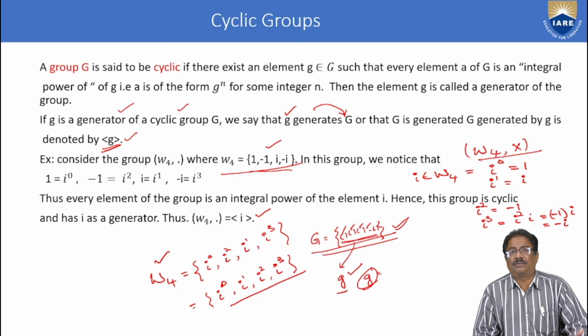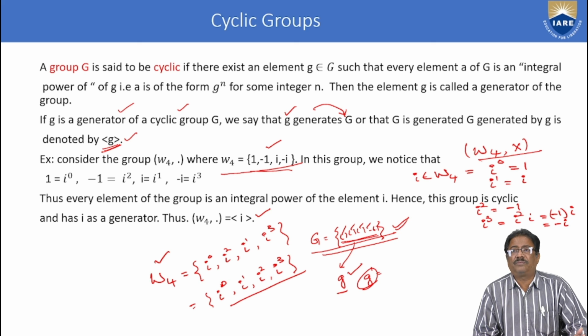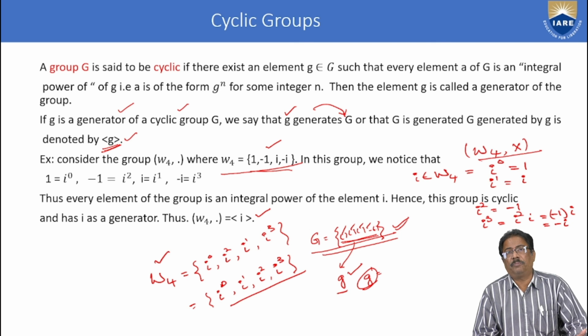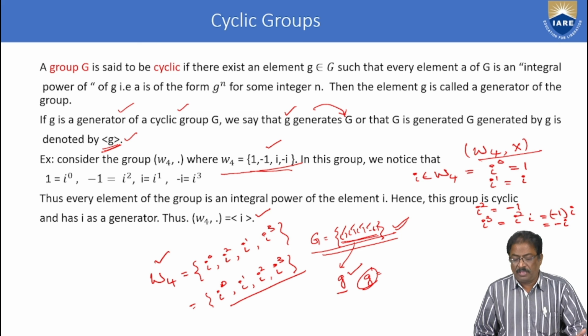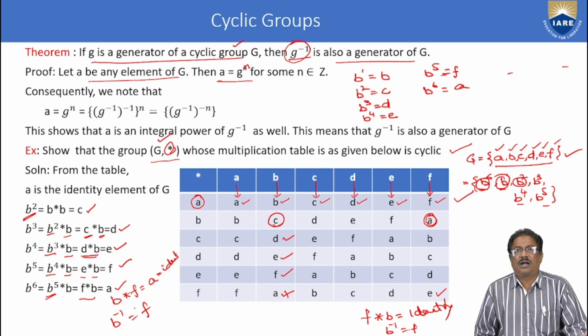Then that group is a cyclic group, and that element we call a generator. And of course, if G is a generator of a cyclic group, then automatically G inverse is also another generator.